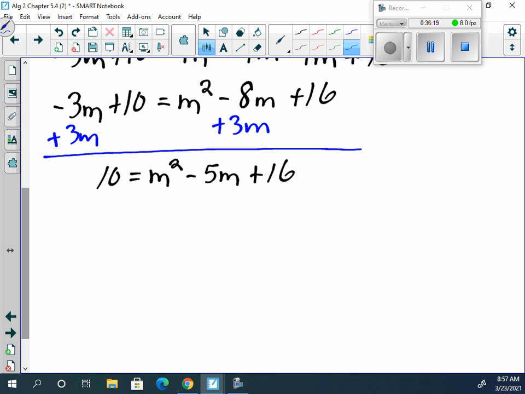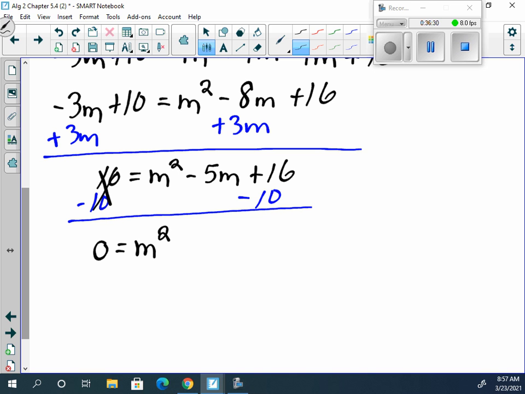And then we would subtract 10 from both sides. Okay, so telling us 0 is equal to m squared minus 5m plus 6.